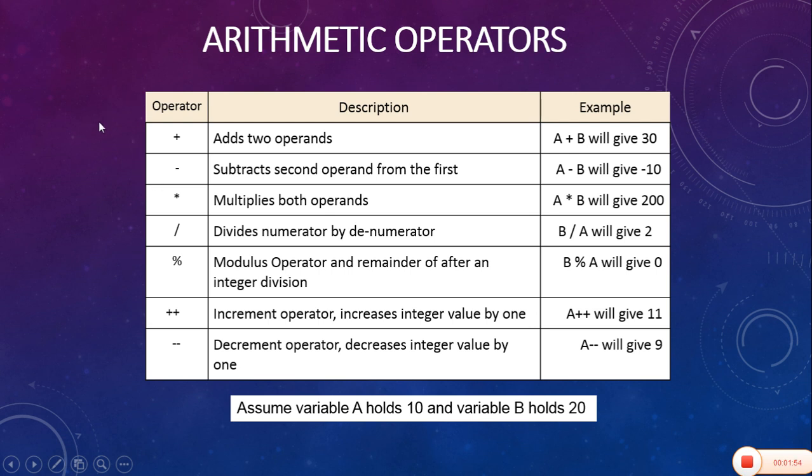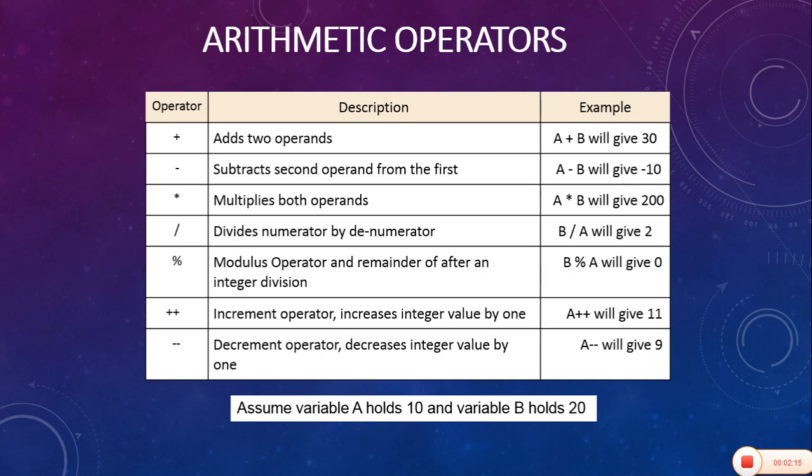Now let's see it one by one. If we assume that we have two variables, A and B, both of integer type, where A is initialized with a value of 10, while B is initialized with a value of 20.